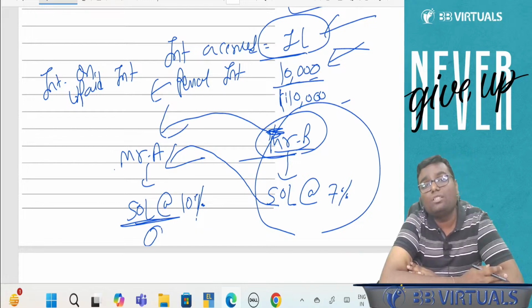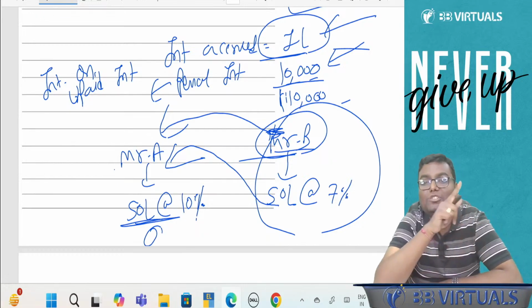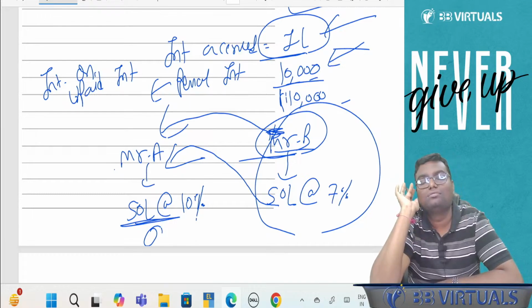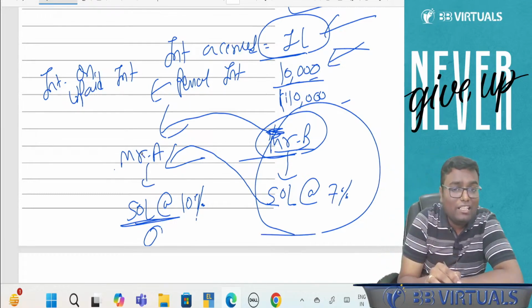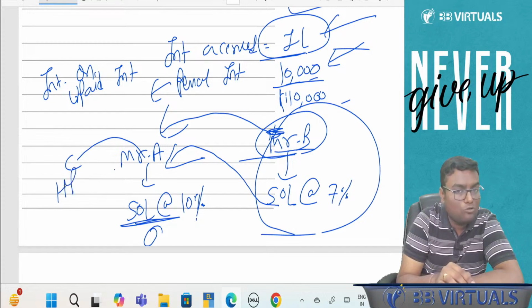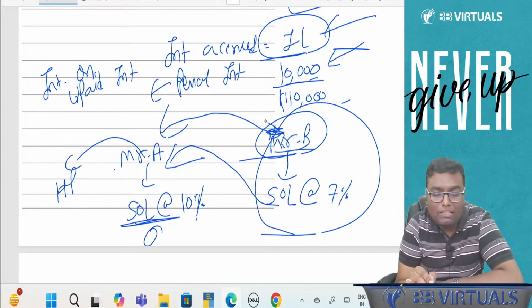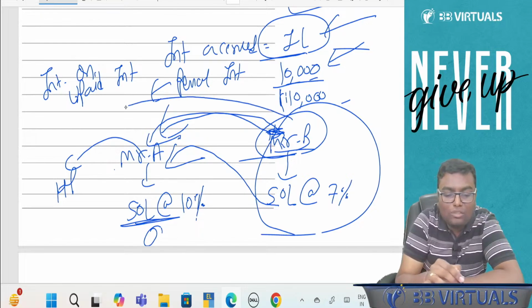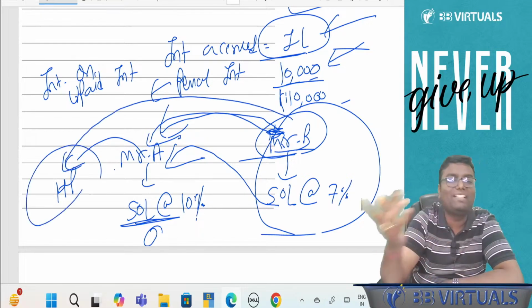Here that particular point will come into the picture which we have never used anywhere. Mathematics. If A is equal to B is equal to C, A is equal to C. If Mr. A's loan is taken to purchase a house property, and Mr. B's loan is taken to repay Mr. A, indirectly Mr. B's loan is taken to purchase house property.